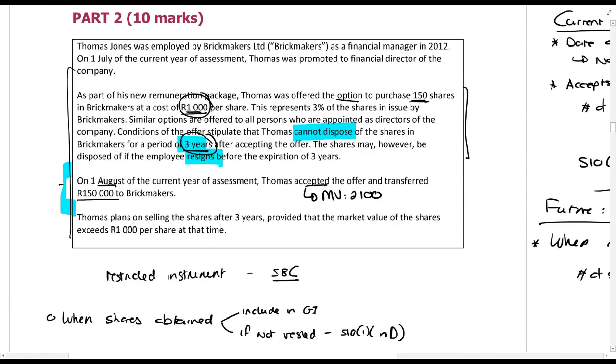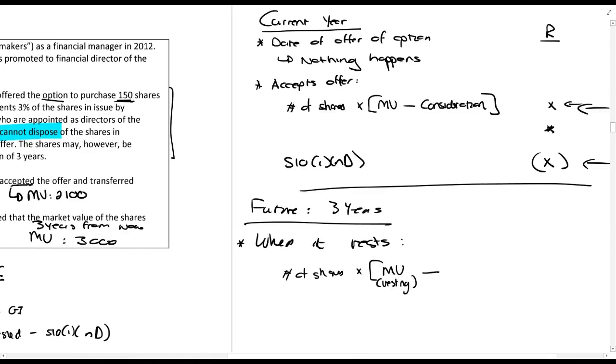Right, so 3 years from now, what is the market value? The market value is 3,000, let's say. Right, so market value at vesting minus the consideration. So if 3 years from now, guys, this is all just hypothetical, the shares are worth 3,000, you would deduct 1,000. Also remember, Section 8C is interesting.